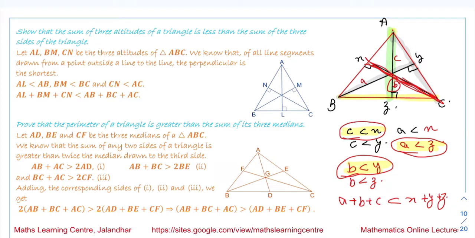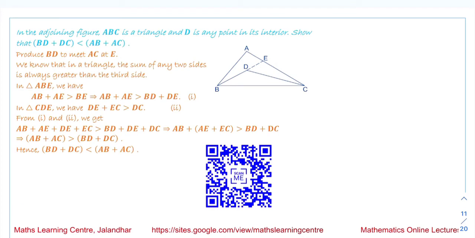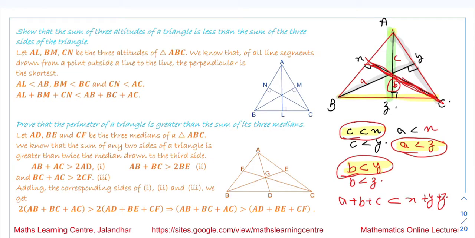The next thing we have to prove is that the perimeter of a triangle is greater than the sum of the three medians. Perimeter is the sum of the lengths of all sides of the triangle. So we are saying that ABC is the triangle given to us, and AD, BE are medians.